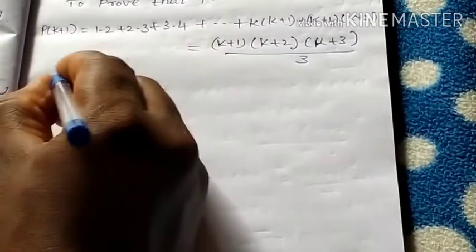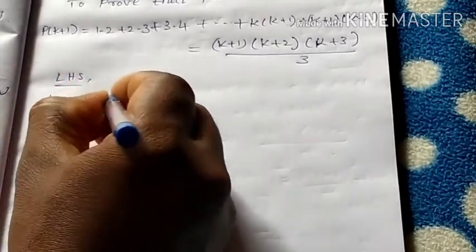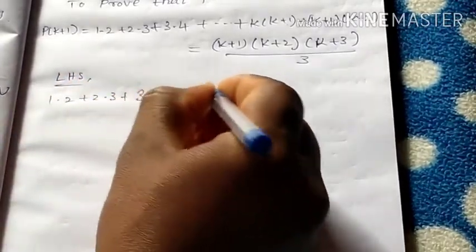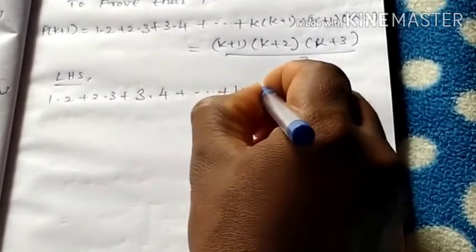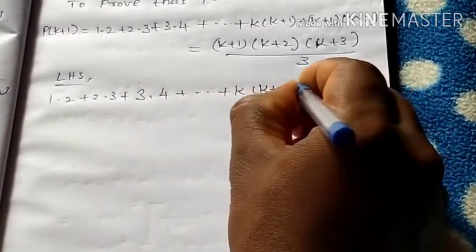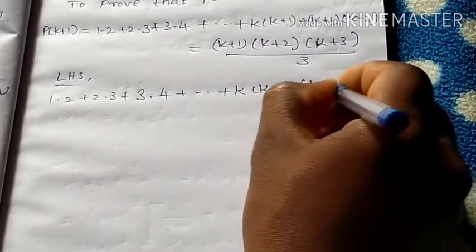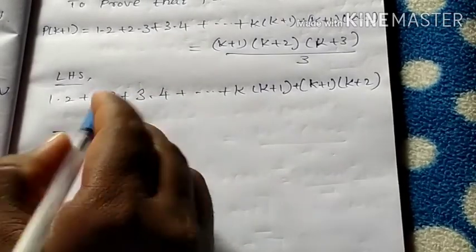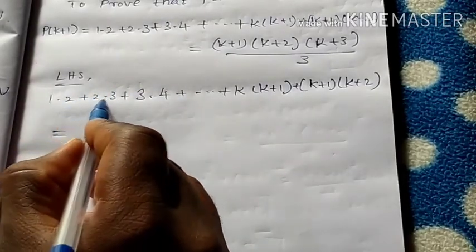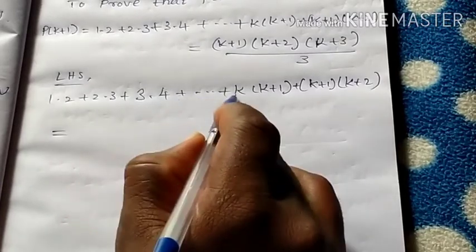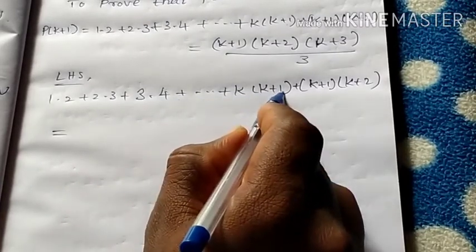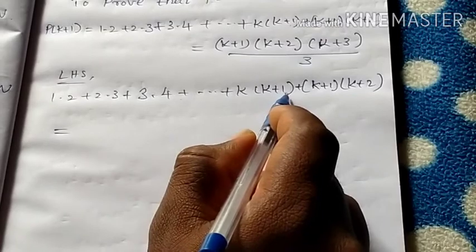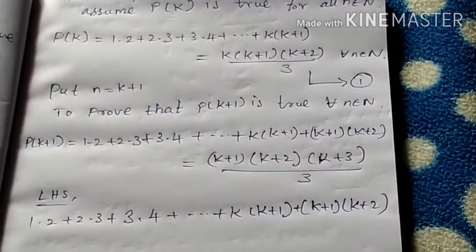Okay, next consider the LHS. LHS sides are this: 1 into 2 plus 2 into 3 plus 3 into 4 and so on plus k into (k+1) plus (k+1) into (k+2). This is the LHS side, which is equal to 1 into 2 plus 2 into 3 plus 3 into 4 and so on plus k into (k+1). This is already known from equation 1.